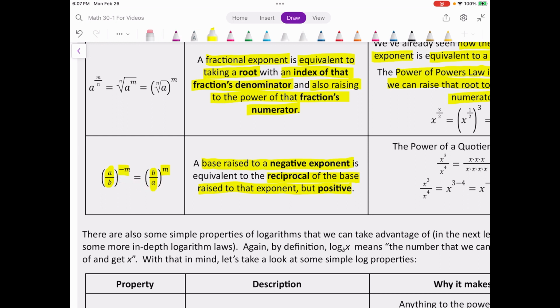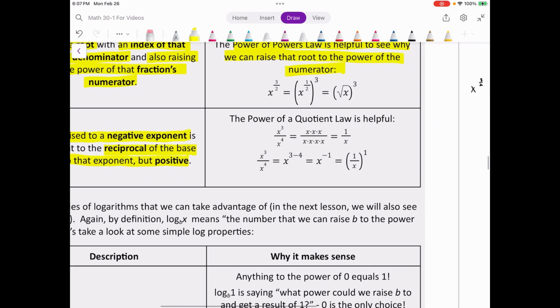Because again, that negative exponent actually means dividing by it that many times, right? And since dividing by a over b is the same as multiplying by b over a, that's all we're really doing there, okay? This helps us explain why.